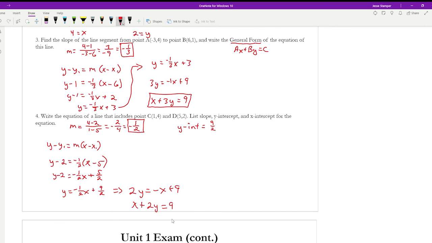If we look at that, if x goes to 0, then 2y equals 9, and y would equal 9/2. But if y goes to 0, then x has to equal 9, and x equaling 9 is the x-intercept.